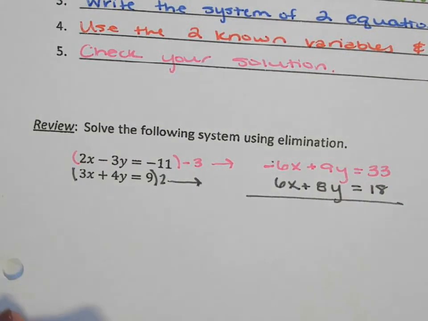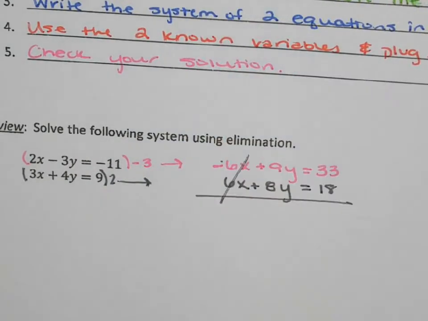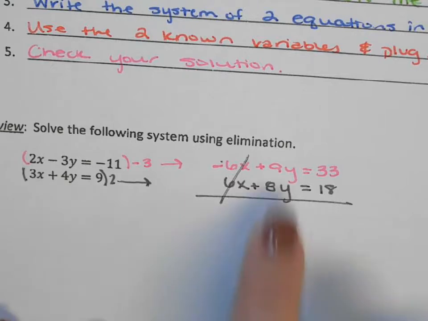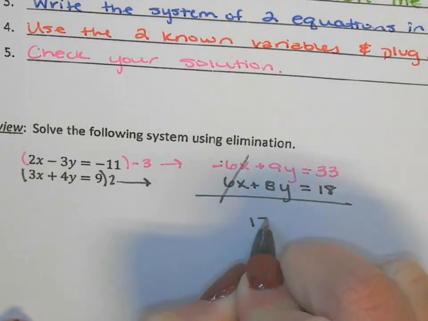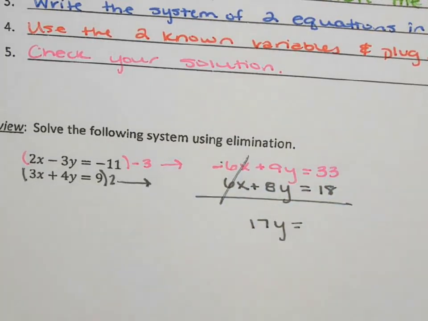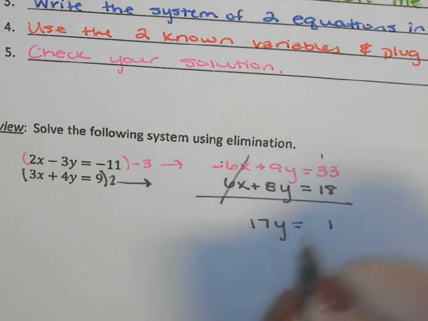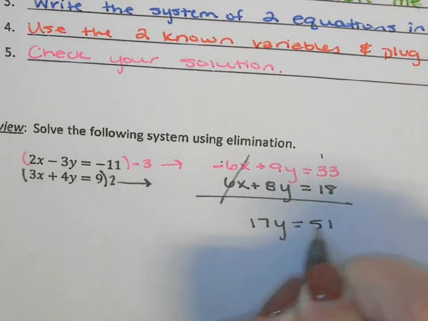Am I ready to eliminate? Yes. My x's do eliminate because -6x and 6x make 0. How many y's do I have? 17y equals 51.